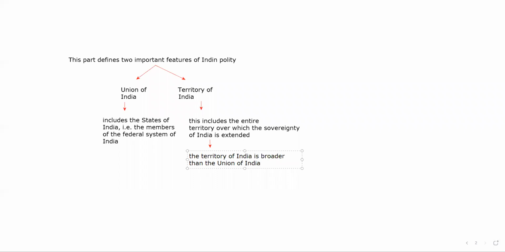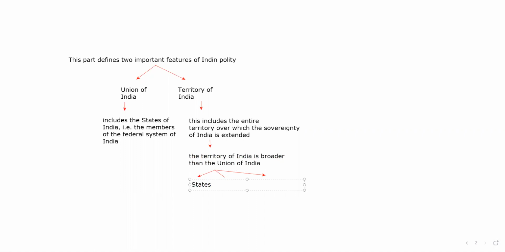Which is broader than the Union of India. Broader means we can say the territory of India includes three things. Number one, it includes the states.